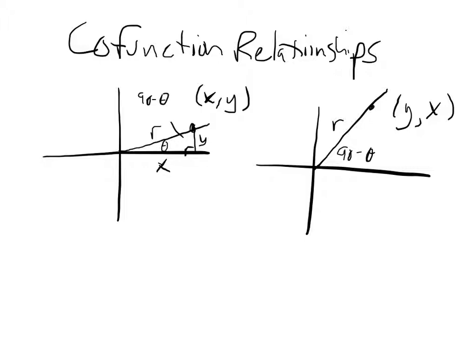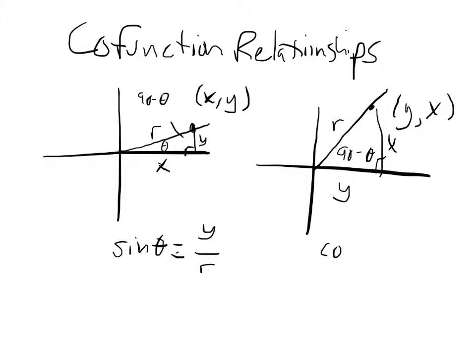If I then take that angle and put it down in standard position, I'm simply going to reverse the y and the x. So we've got our right triangle here, and those get reversed; we've got here a y and an x. We'll actually label it out. So the sine of theta is going to be y over r.